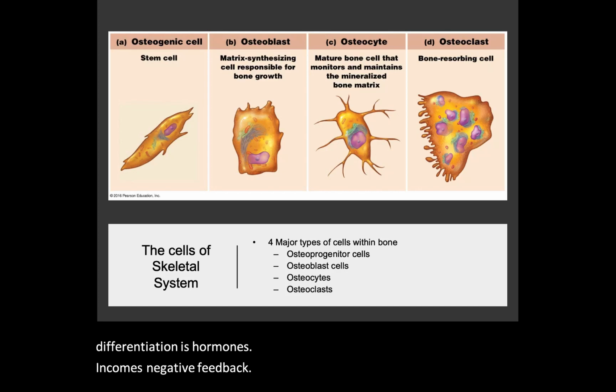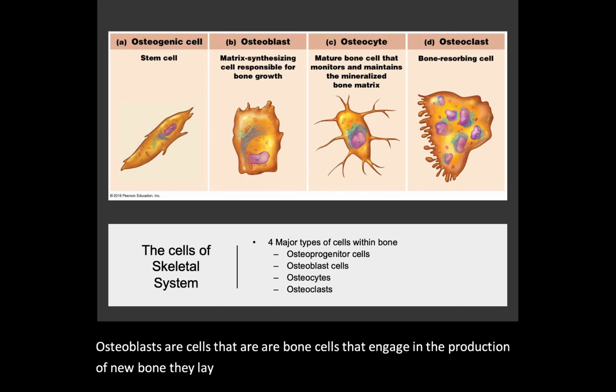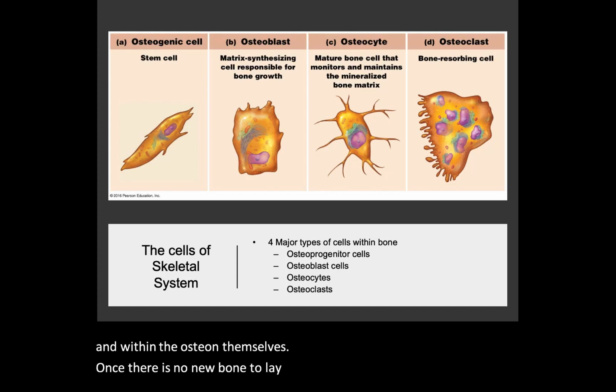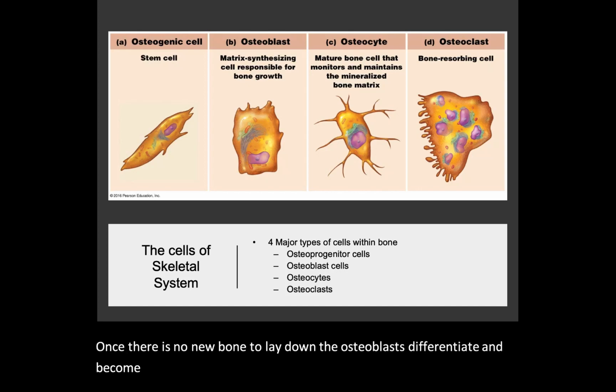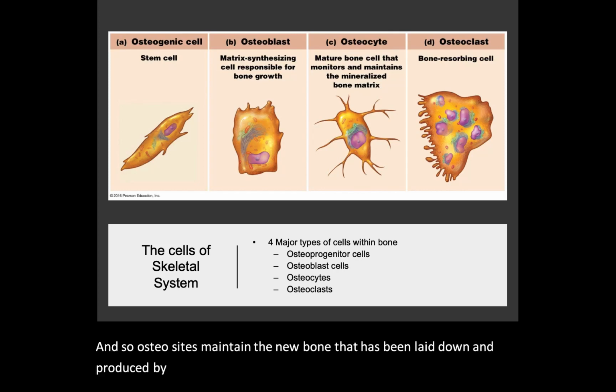Osteoblasts are bone cells that engage in the production of new bone. They lay down new amorphous ground substance that is hardened within the osteon themselves. Once there is no new bone to lay down, the osteoblasts differentiate and become osteocytes. And so osteocytes maintain the new bone that has been laid down and produced by the osteoblasts.